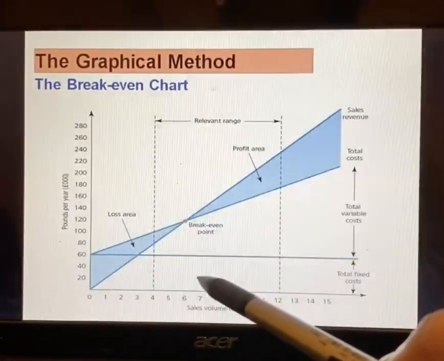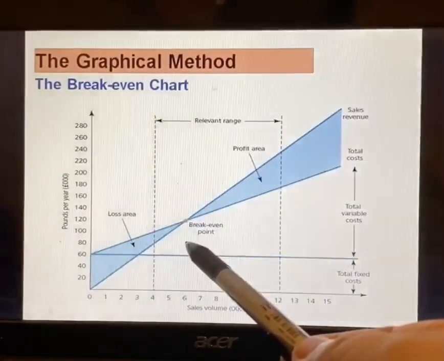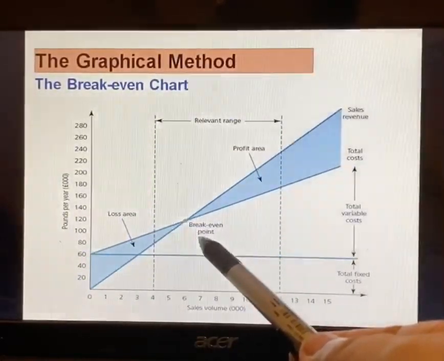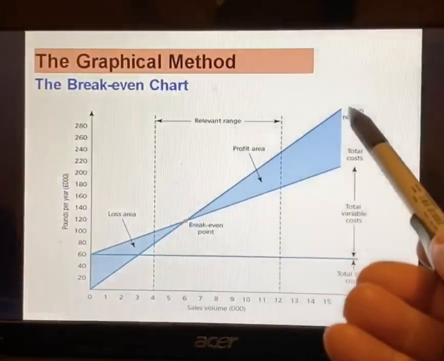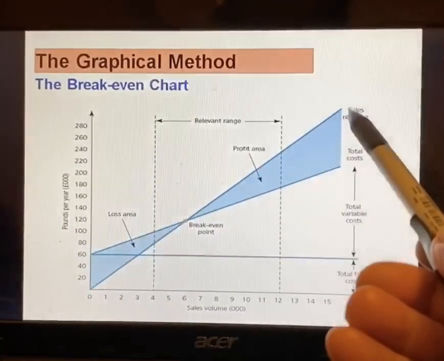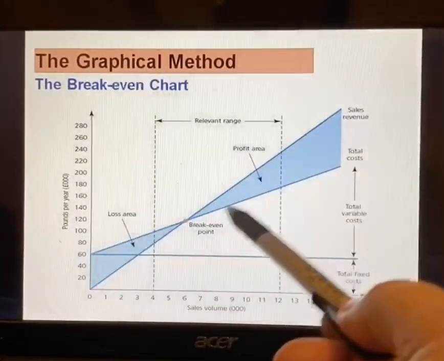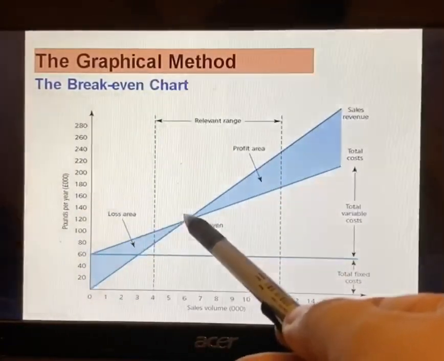On the chart, the break-even point represents the point at which the total cost and the total sales revenue lines cross each other. So this is the break-even point.